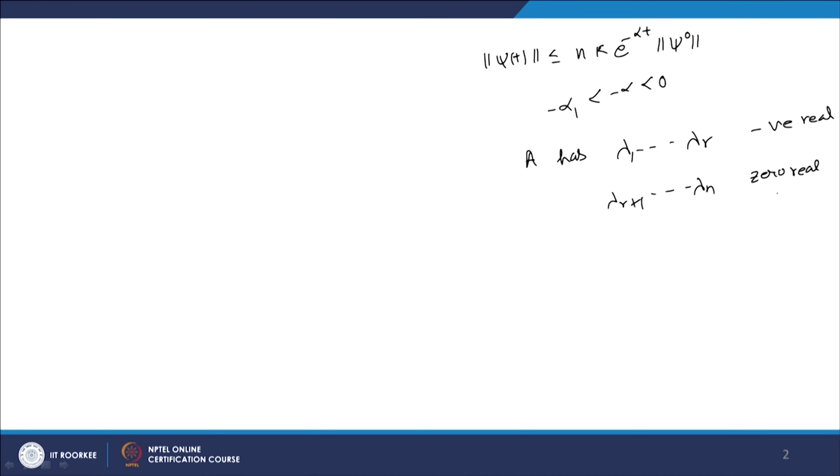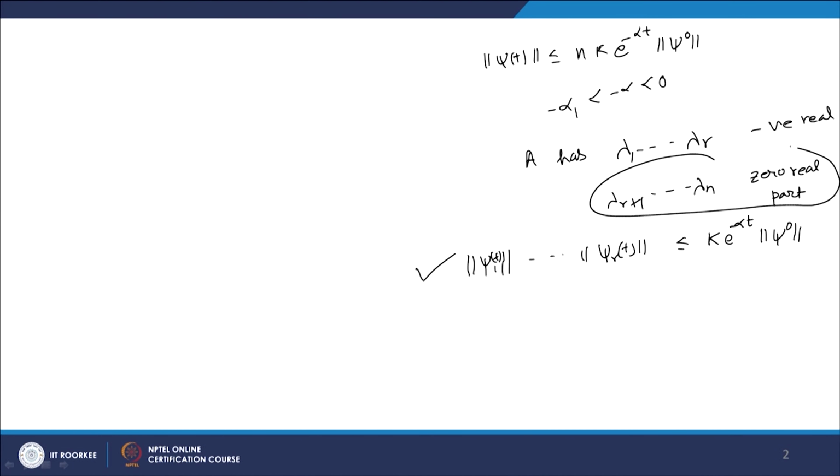We already know that for the solutions psi 1 t to psi r t corresponding to lambda 1 to lambda r, the norm is less than or equal to k e to the power minus alpha t times the norm of psi 0. So each one of these satisfies this condition, but for the others we need to know whether they will satisfy this or not.